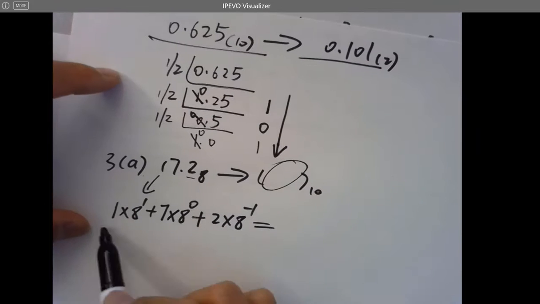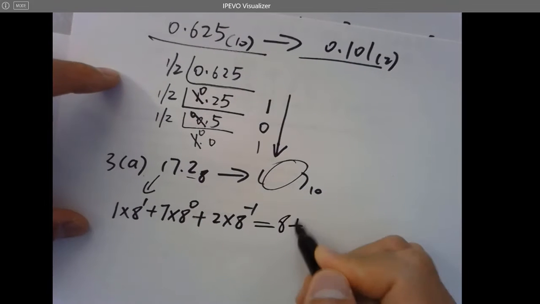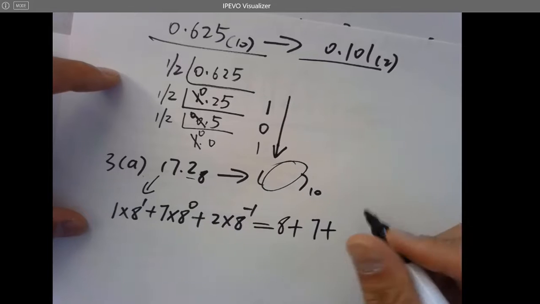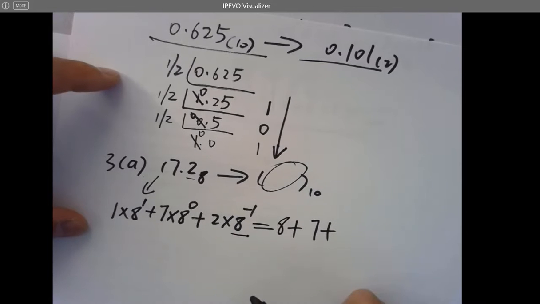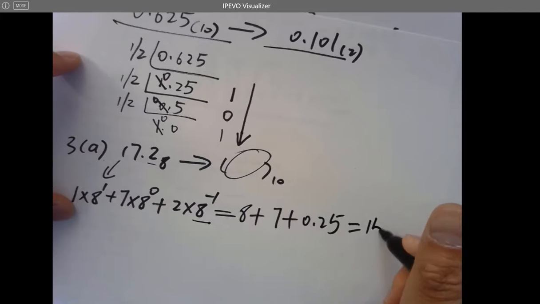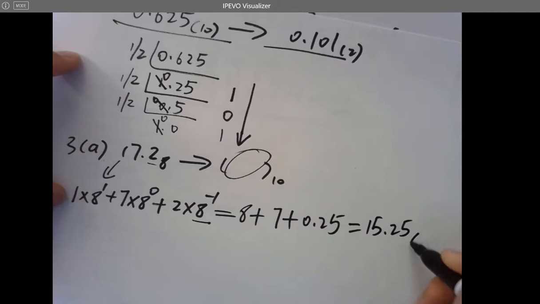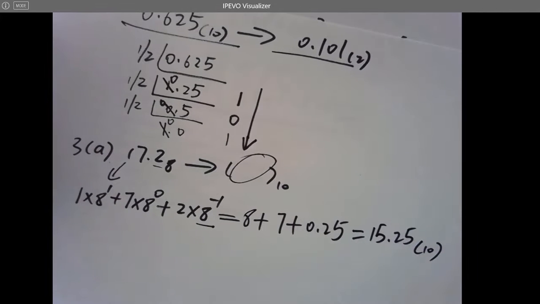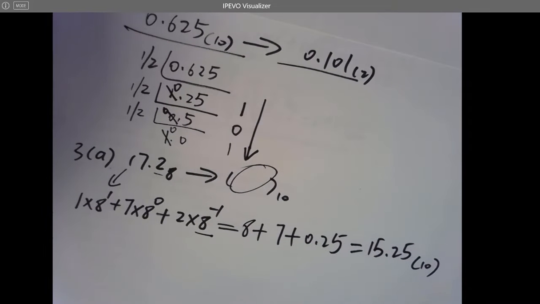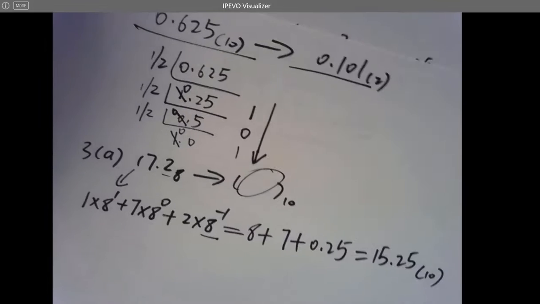So let's look at what this is now. 8 plus 7 plus, 2 times this will be 0.25. So this is 15.25, I guess. Is that correct? Did any of you do this? I think this should be 8 plus... yes, should be right.